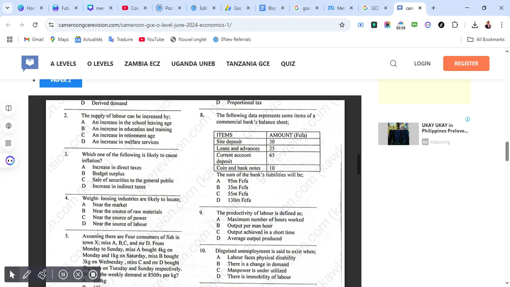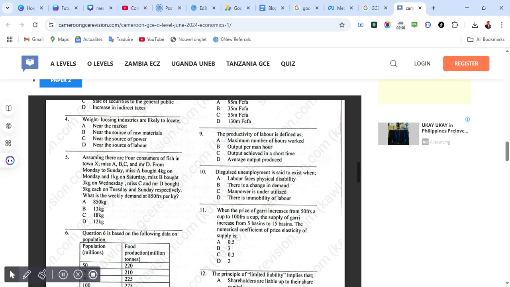Number four says weight losing industries are likely to locate. The correct answer is A, near the market, because it's easier to have the goods circulate around.